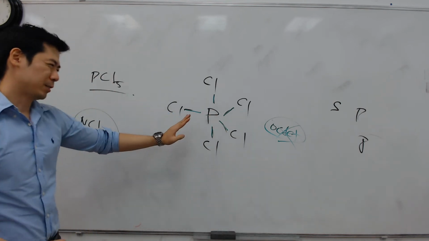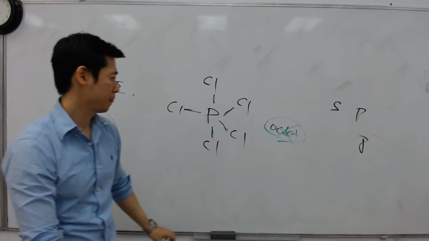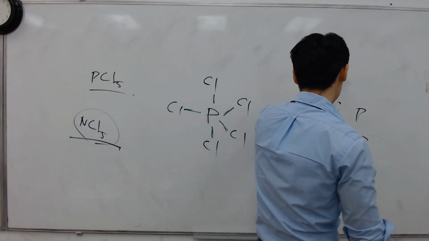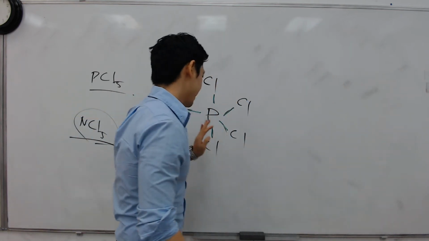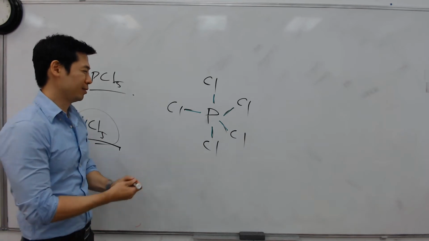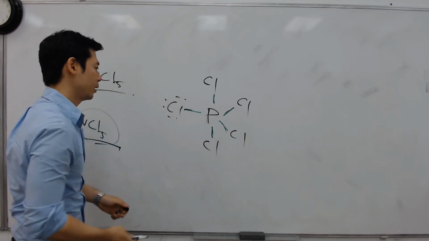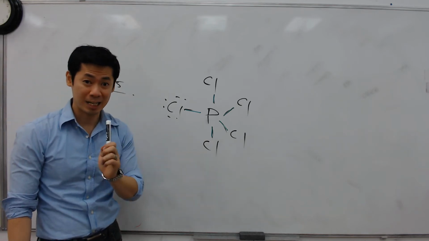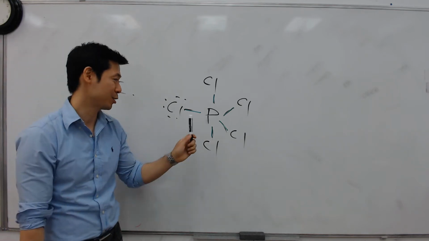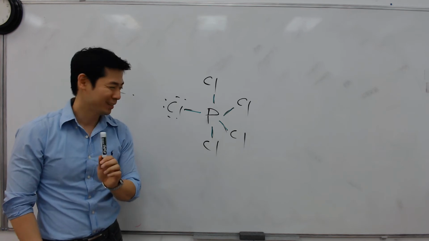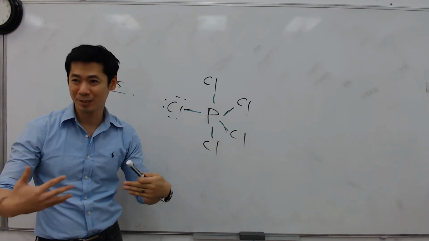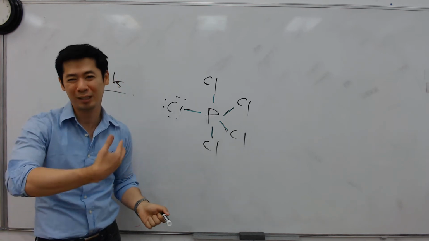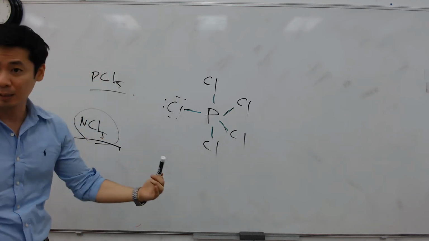So if you have stuff like this, this is a very common mistake to make. I ask the students, lone pair electrons, don't forget that, by the way. What will be the hybridization of the central atom? It's hard to say hybridization again because phosphorus doesn't really hybridize, but for the AP, what do you think?